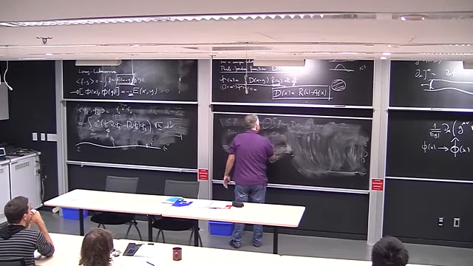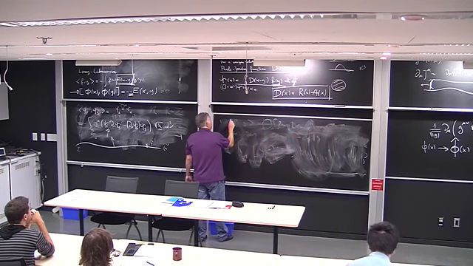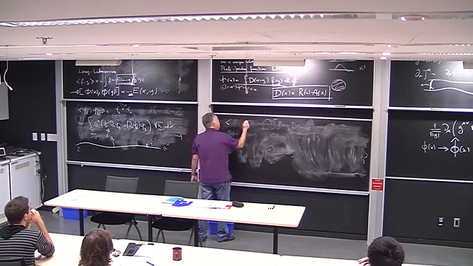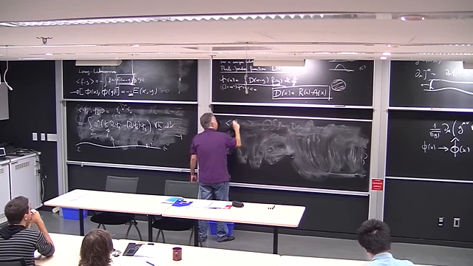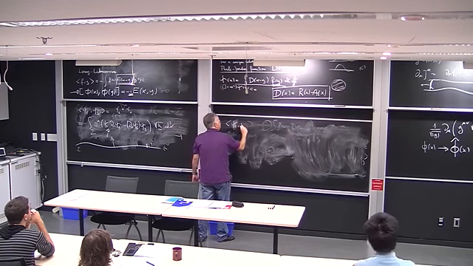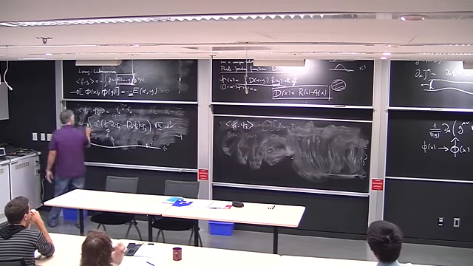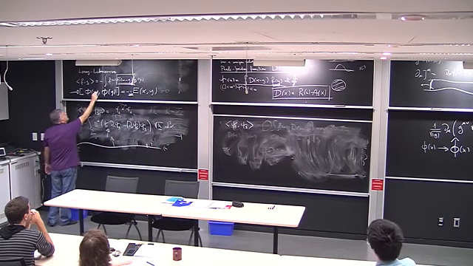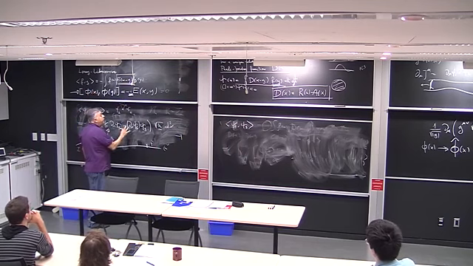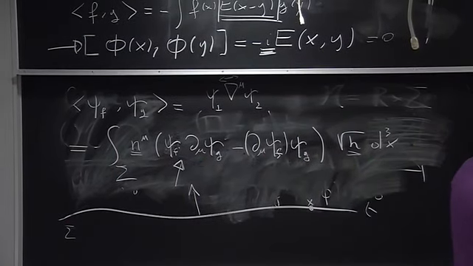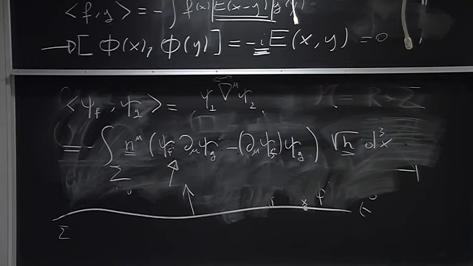We can show this thing in this way. As I told you, when we quantize a field theory, because of the necessity of putting the i here, we have to extend the Klein-Gordon product to complex solutions of the Klein-Gordon equation.